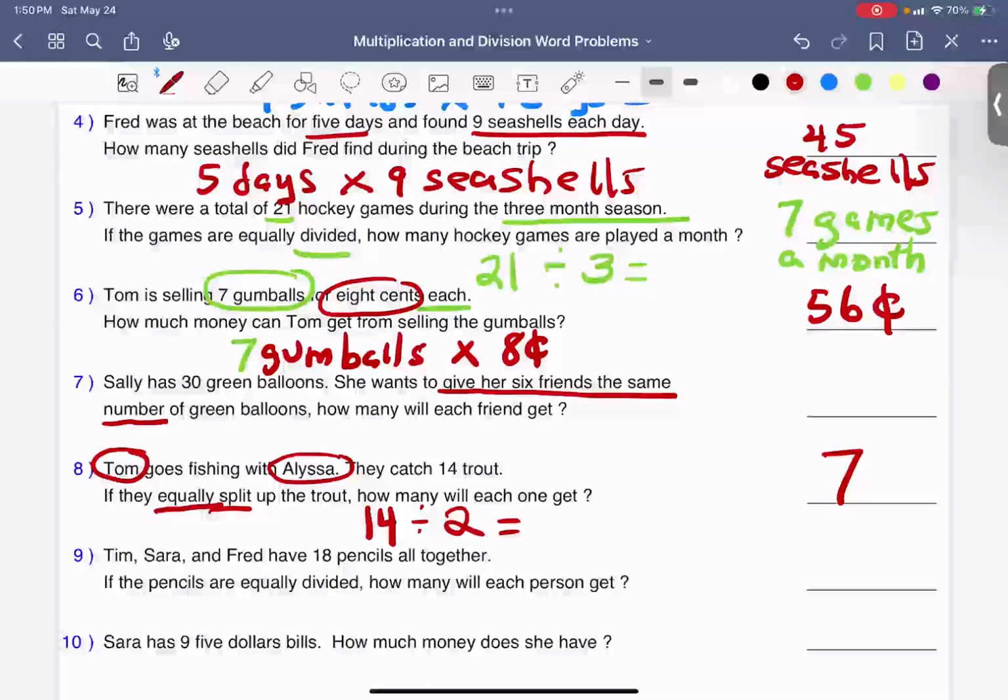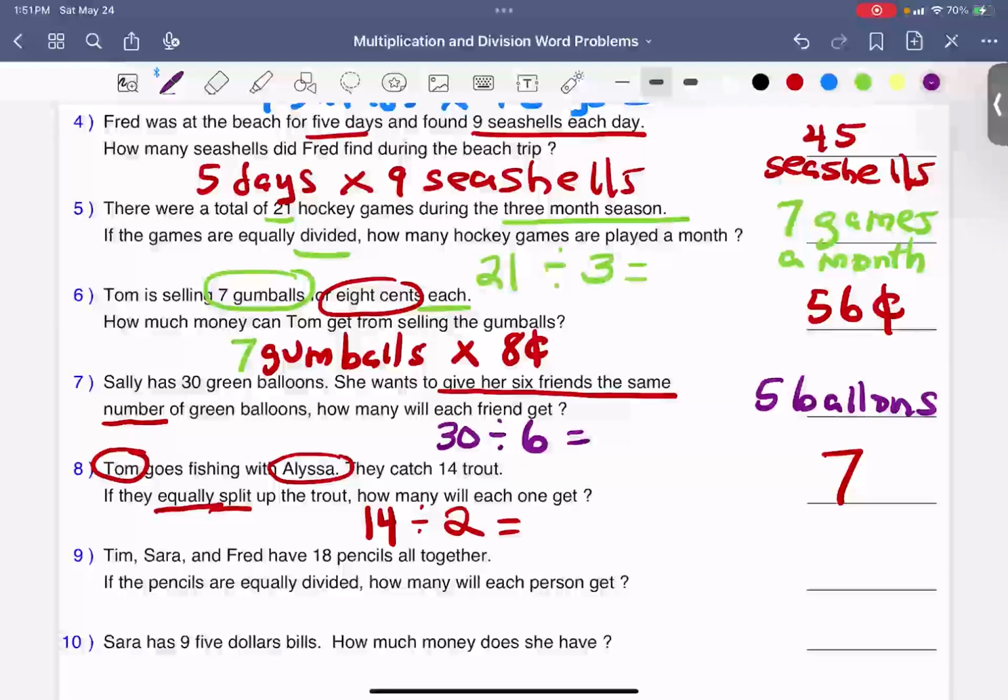That is the same as splitting up. So I'm going to need to divide. So the total number of balloons is 30, and she wants to split the balloons among her 6 friends. So 30 divided by 6 is equal to 5 balloons each.